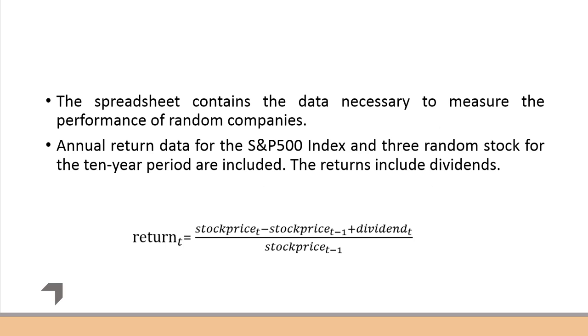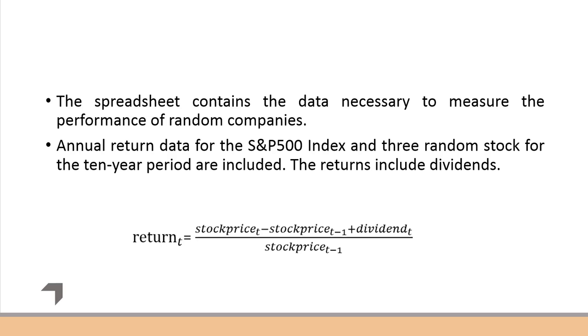Now we're going to open a spreadsheet and you will see all these examples in real. This spreadsheet contains the data necessary to measure the performance of random companies. Annual return data for the S&P 500 index and 3 random stocks for the 10-year period are included. The returns include dividends.